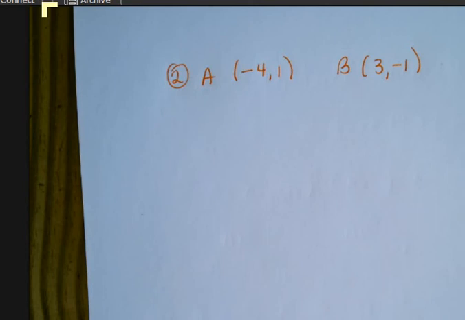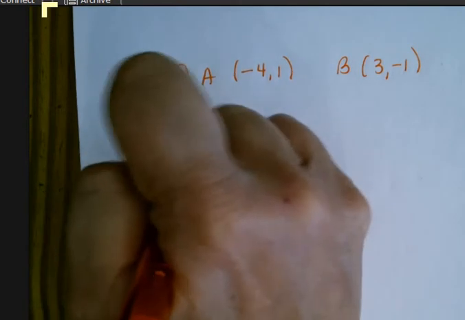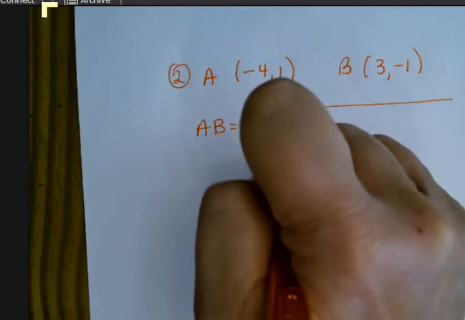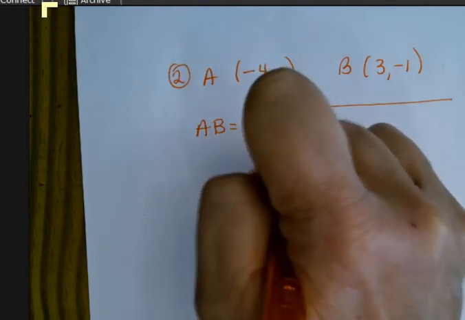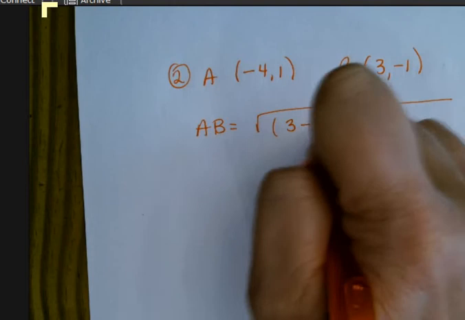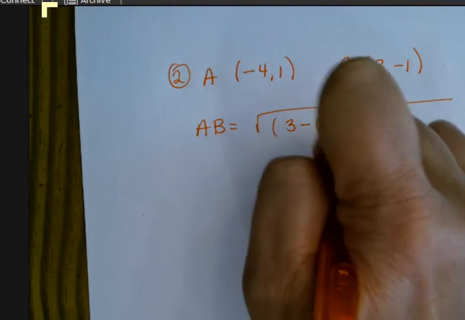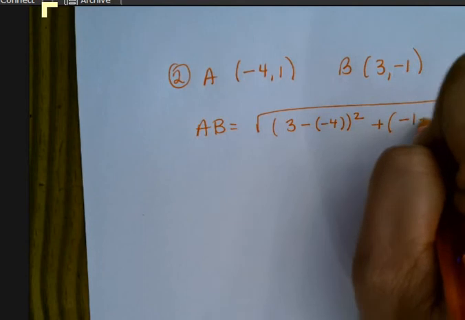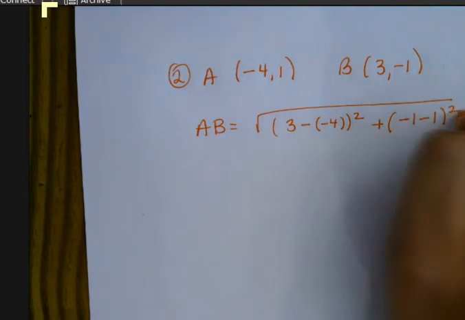All right, let's go. So let's plug it into our formula. So again, we have x2 minus x1 squared plus y2 minus y1 squared. Just plug it in.